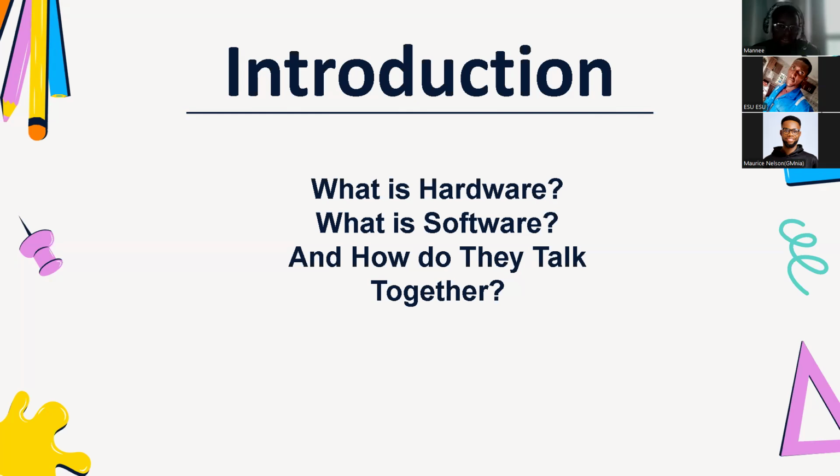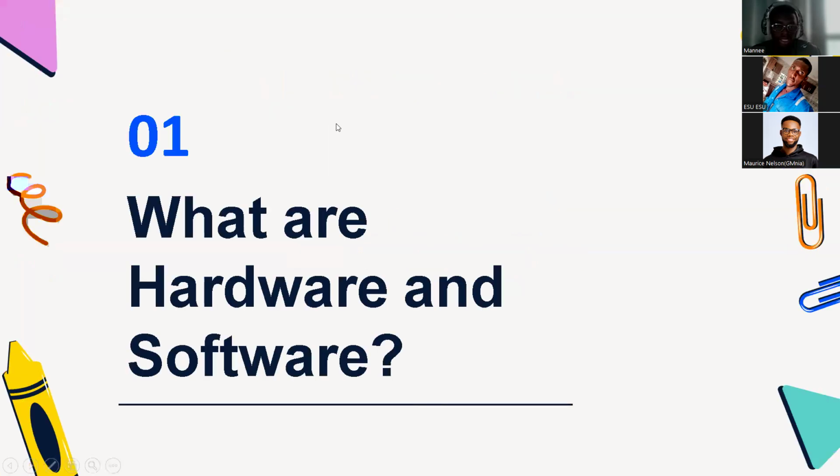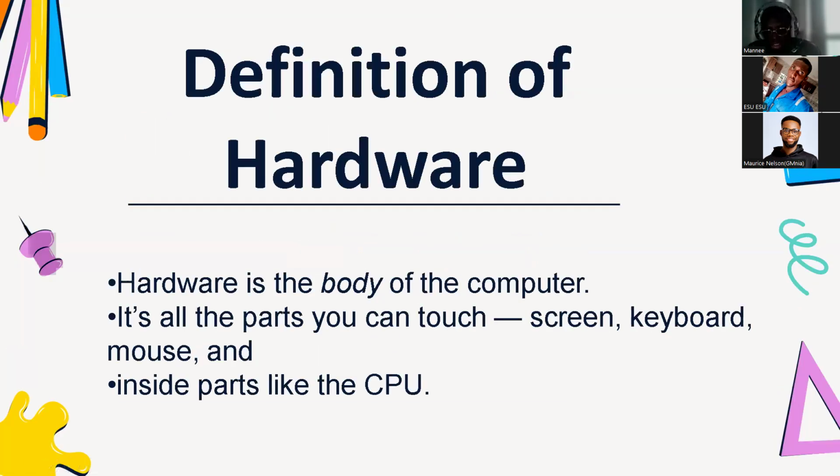So first things first, we are going to find out once more what a hardware and a software is. Then we proceed. So a hardware is the body of the computer. And this, as we said in our last class, involves everything that you can see and touch concerning that computer.